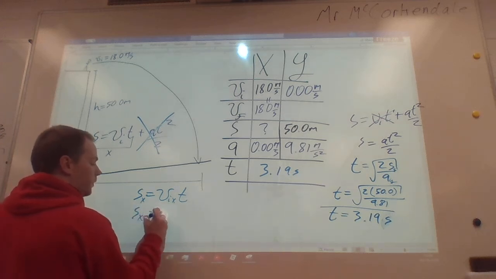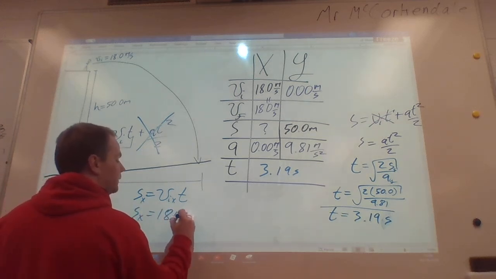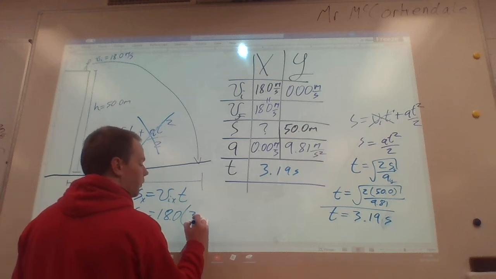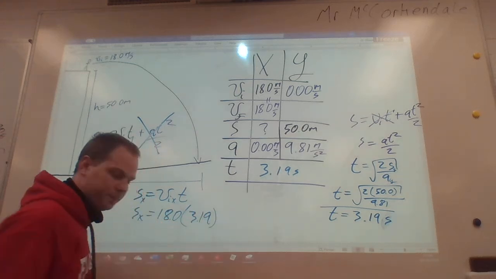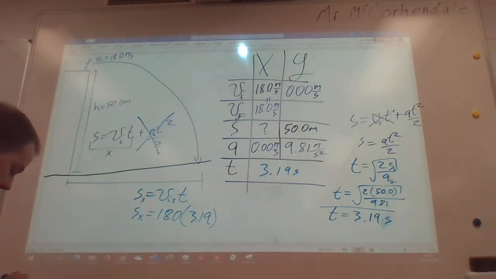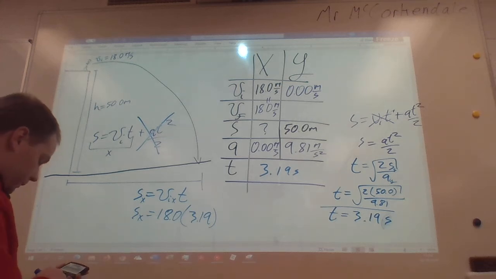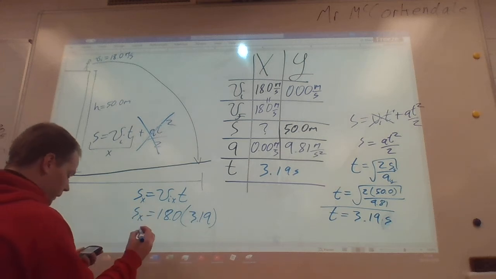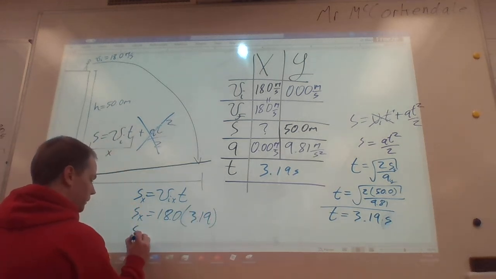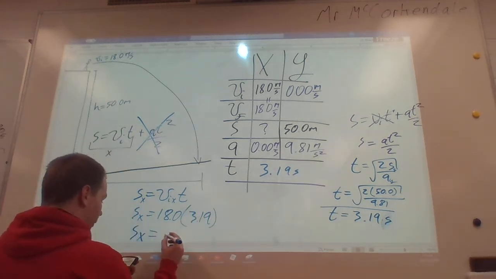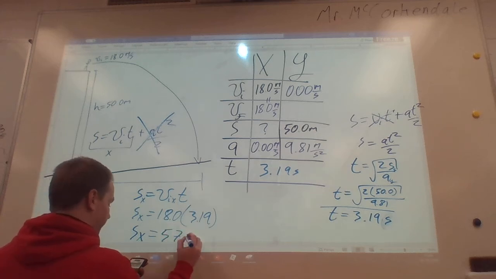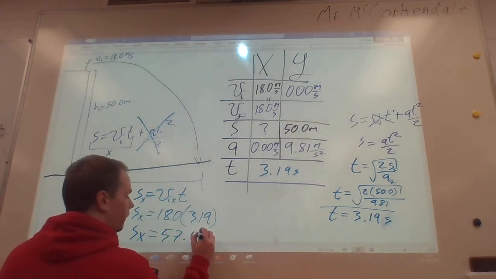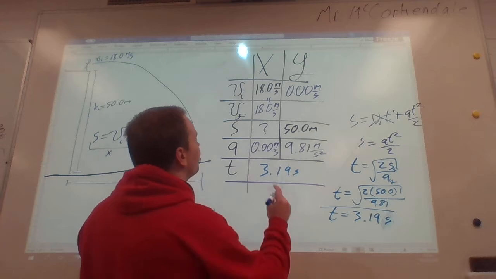So SX is equal to 18.0 times 3.19, which gives us a horizontal distance of 57.4 meters.